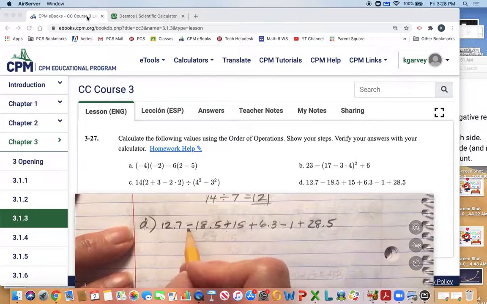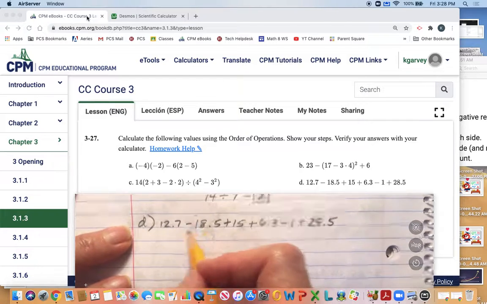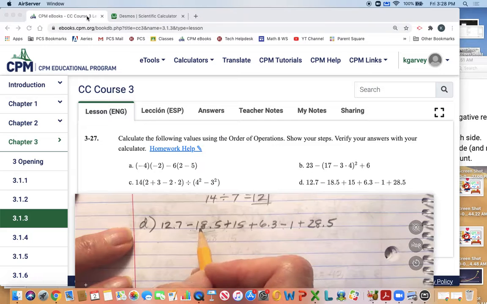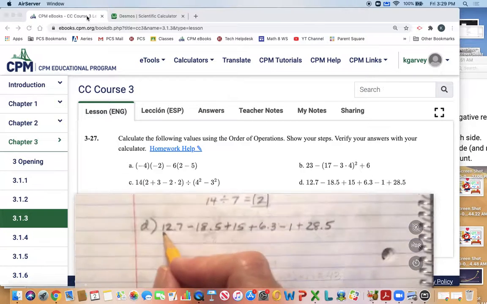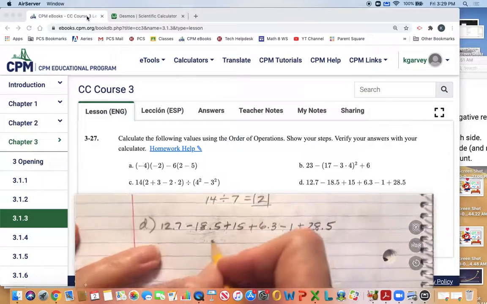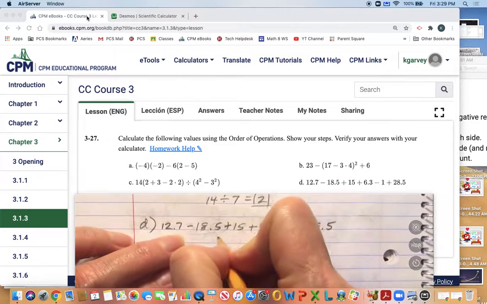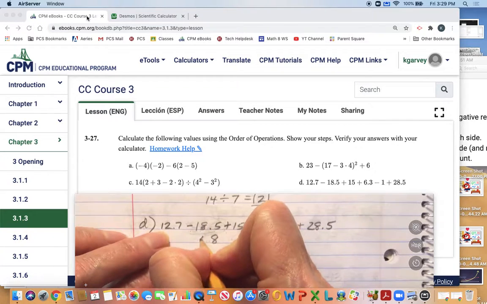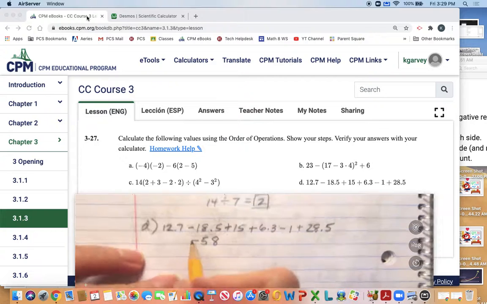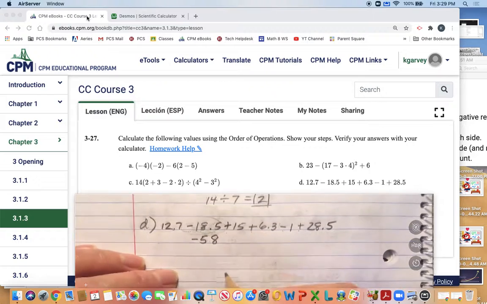So 12.7 minus 18.5, well, because the 18.5 is bigger, that's a negative number that we're putting together with this 12.7. So we'll subtract this from that to figure it out. So let's see, 15, 7 out of 15, that's 8. And then 17 minus 12 is 5. And that's a negative number because the negative, the 18.5, was bigger than the 12.7.